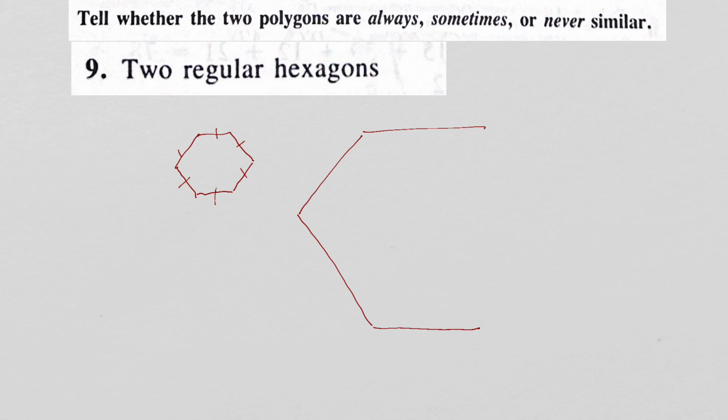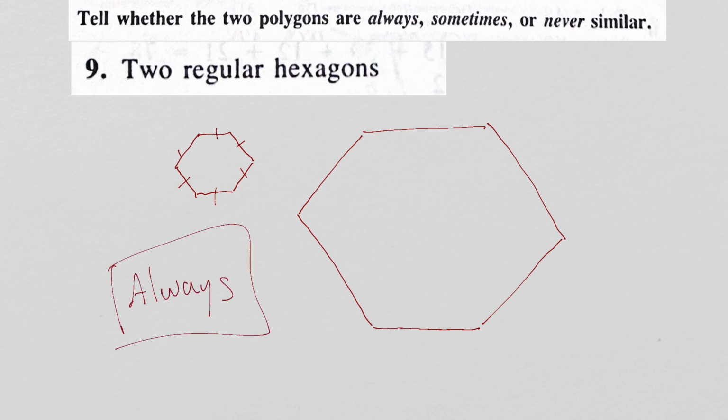Let me undo this. Whatever you multiply this side by to get to this side, you'd have to multiply this side by to get to this side, and the same factor would be multiplied all the way around. So these will always be similar. I hope this is obvious.